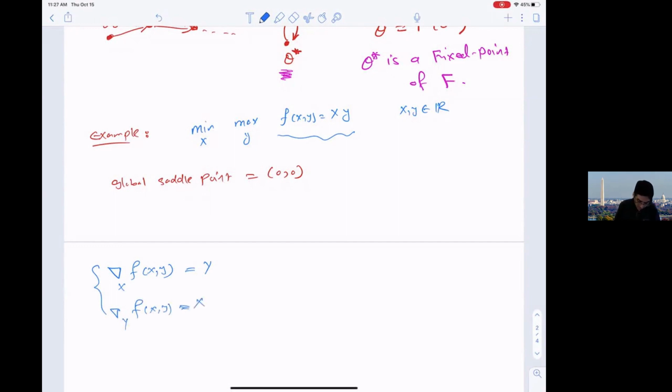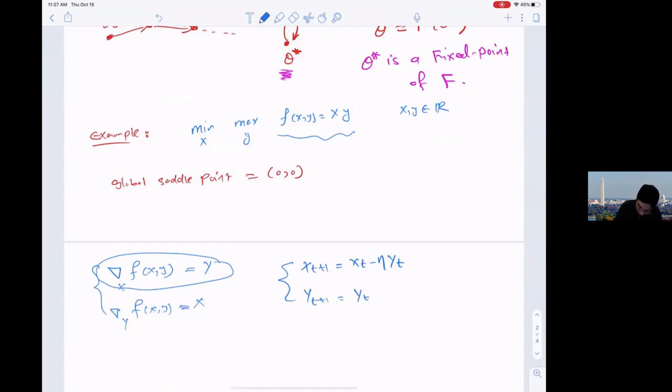Now, if I want to write the dynamics, x_{t+1} would become x_t minus eta times the gradient of my objective with respect to x, which is y. And y_{t+1} would become y_t plus, because I'm maximizing over y, eta times the gradient with respect to y, which is just x.